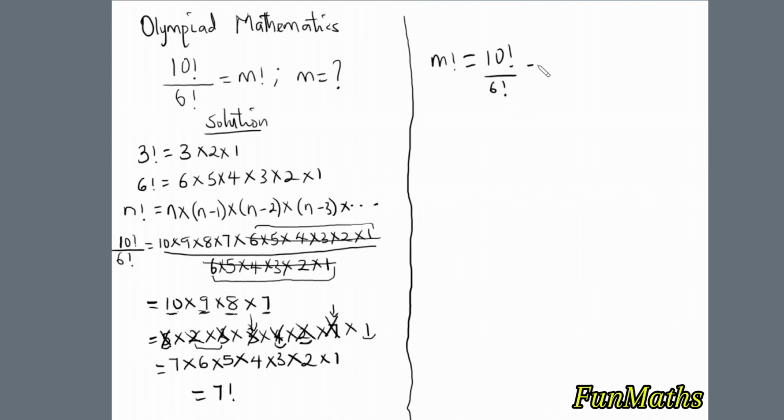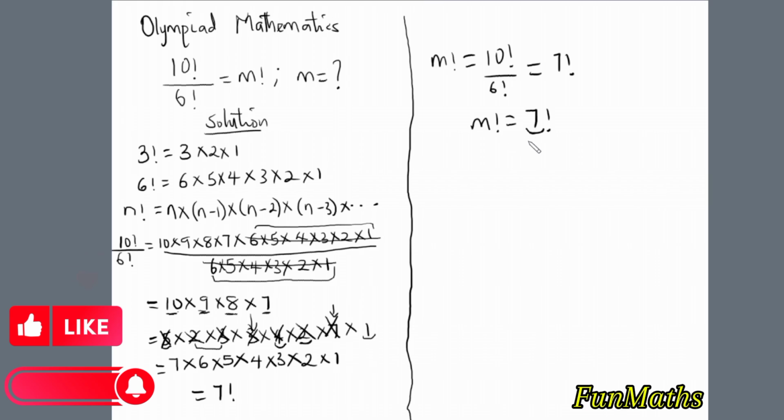And we said that 10 factorial divided by 6 factorial is 7 factorial. So it means that m factorial is equal to 7 factorial. So what is the value of m? The value of m is 7. Don't make the mistake of saying m is 7 factorial. No, m is equal to 7. This is the final solution.